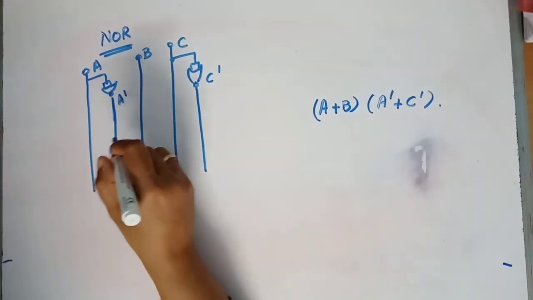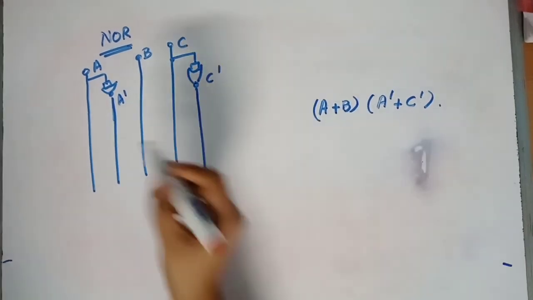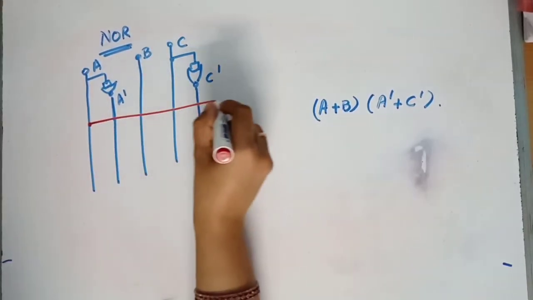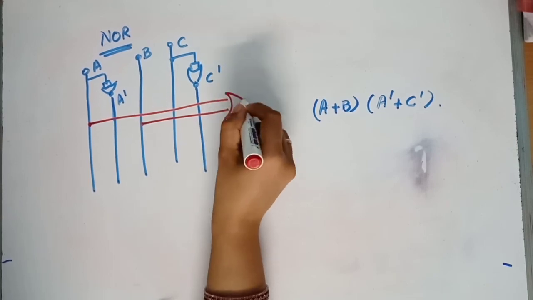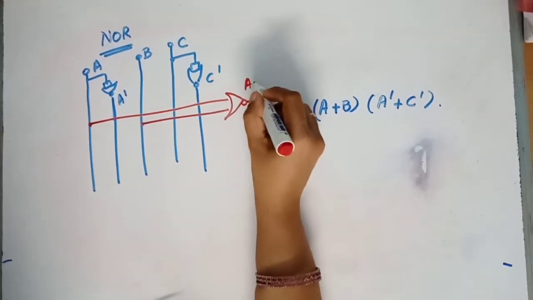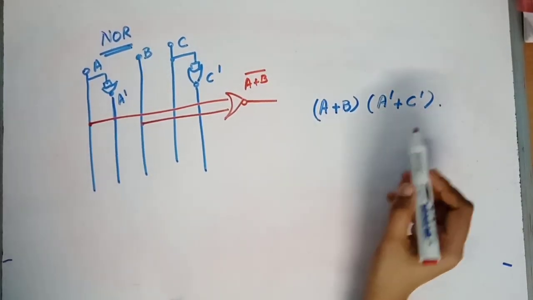So A plus B will be A plus B, that is a NOR. So that is A plus B the whole bar into A bar plus C bar.